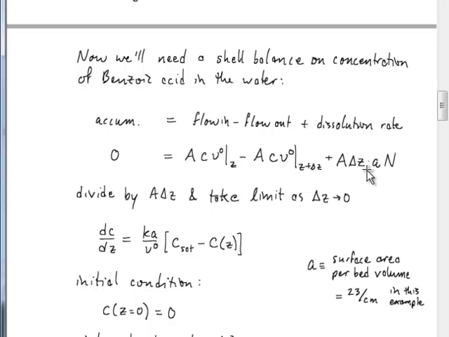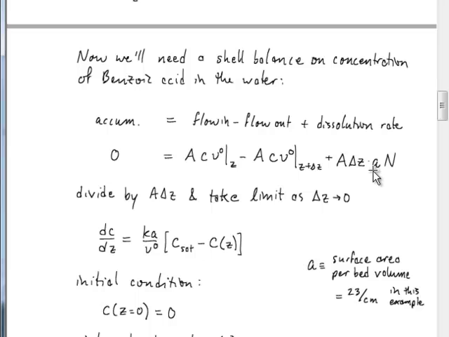Okay, so this is the volume of my slice, and this is the rate at which it's being dissolved into that volume in the bed, right? So notice that we've got moles per meter squared per second multiplied by meters squared per meter cubed, right?